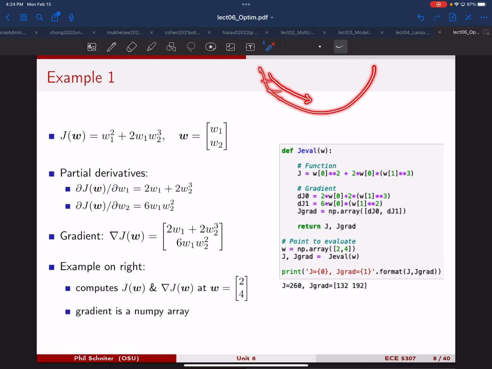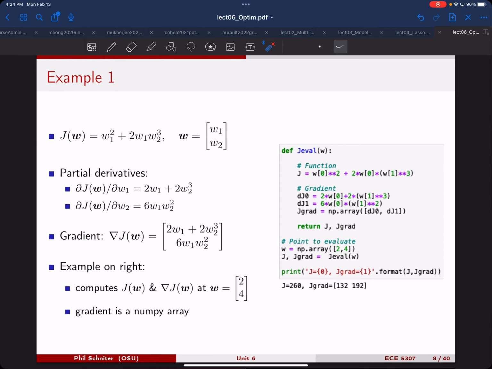It's nice to know the value of the cost too, to make sure that it is in fact decreasing, and to see if it is getting to the point where it's not really changing much at all. So almost always when you write a function to compute the gradient, you compute not only the gradient, but the cost itself. And so that's what we're doing here.